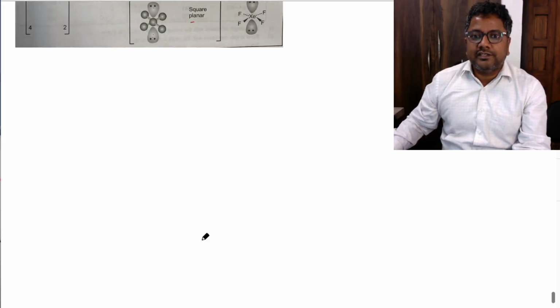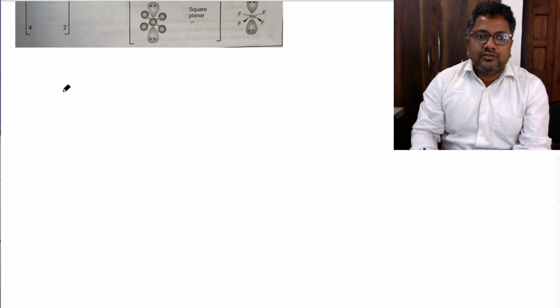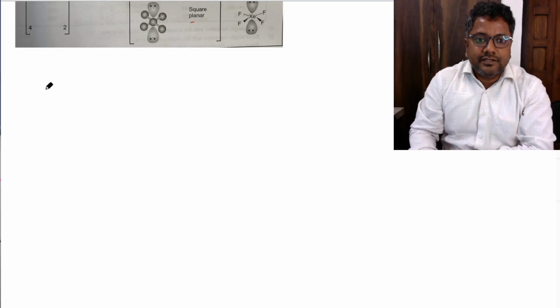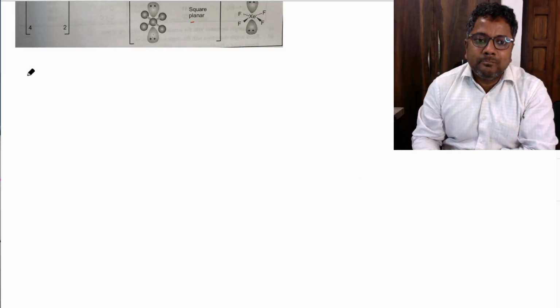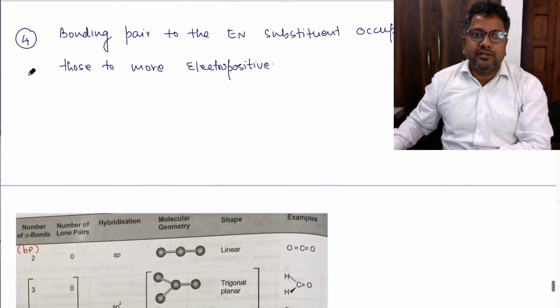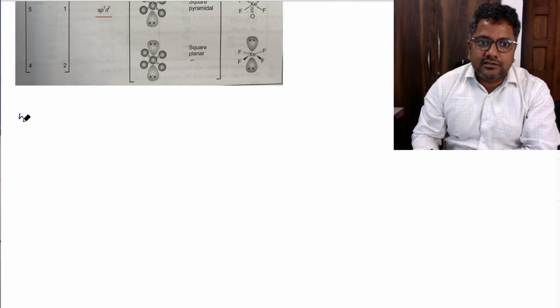One more point is left here in the VSEPR model. This is a very important point, the fifth point.